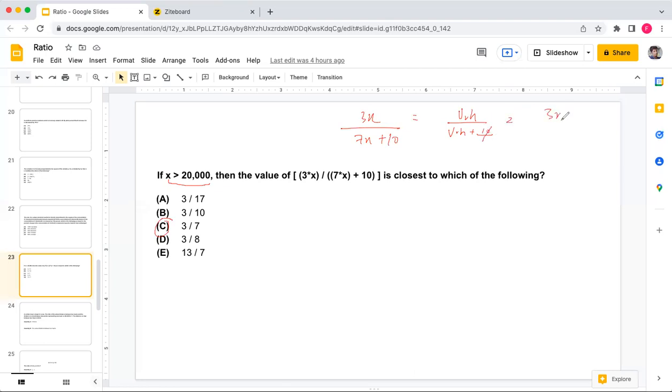So this is just 3x over 7x. X will cancel out, so this will be 3 by 7. But if x is very small, a value near to 10, you cannot ignore 10. But in this scenario, our value of x is way, way greater than 10. That's why we can simply ignore 10 and just solve for 3x over 7x, which is 3 by 7.